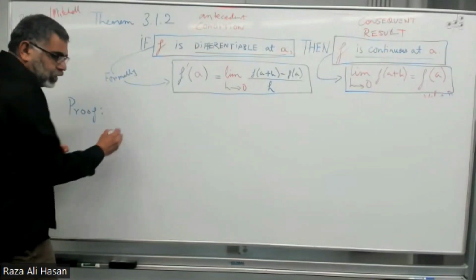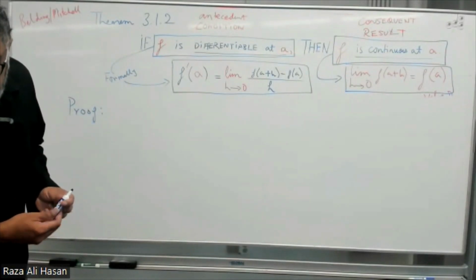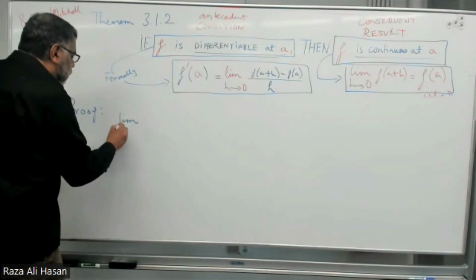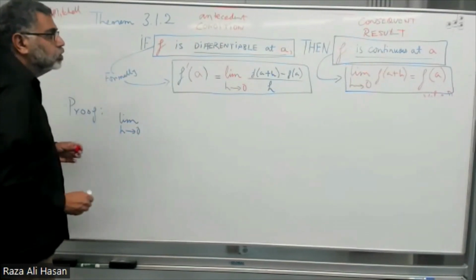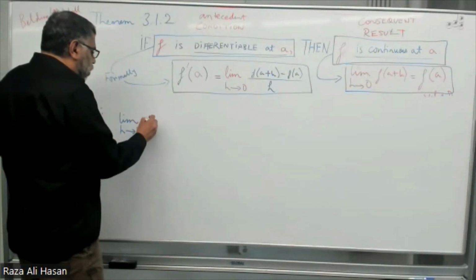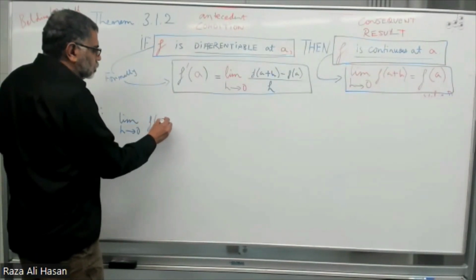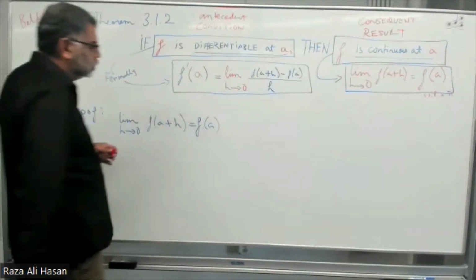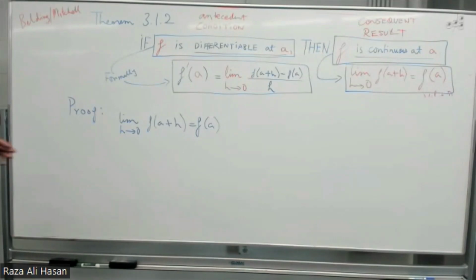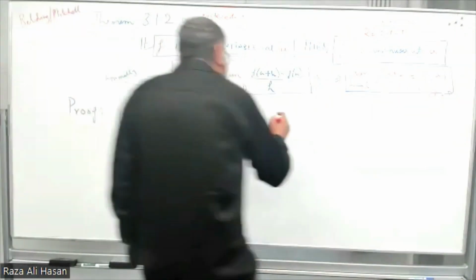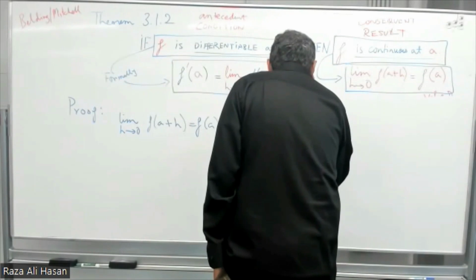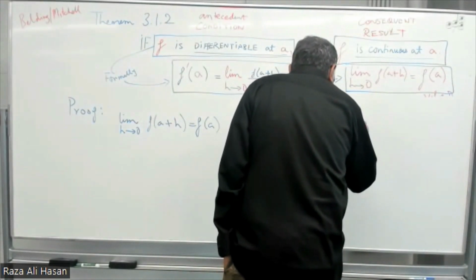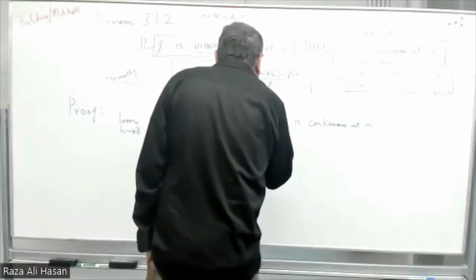So our first line is the limit as h goes to 0 of f. Okay. So what have we just written? We've written that f is continuous at a.